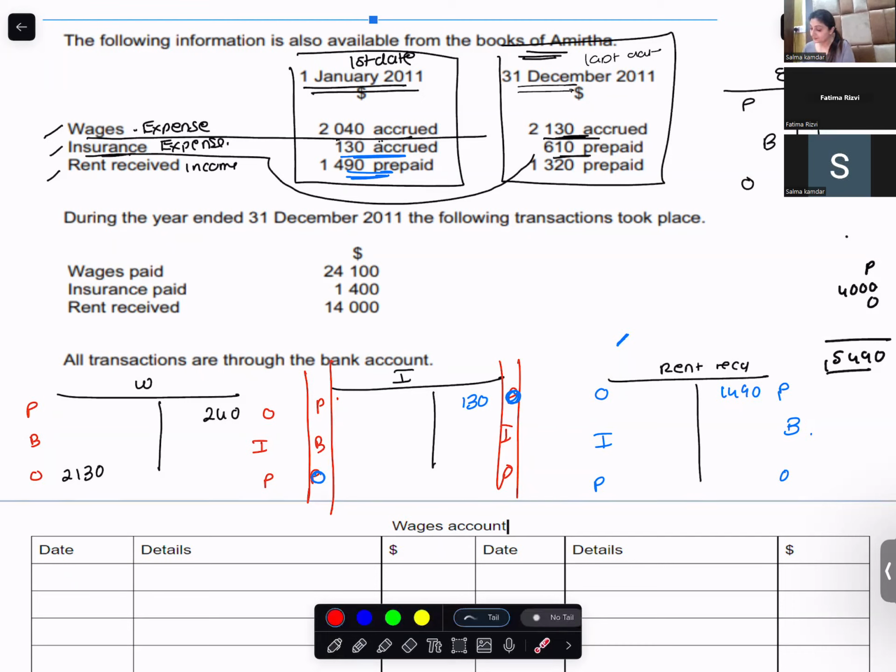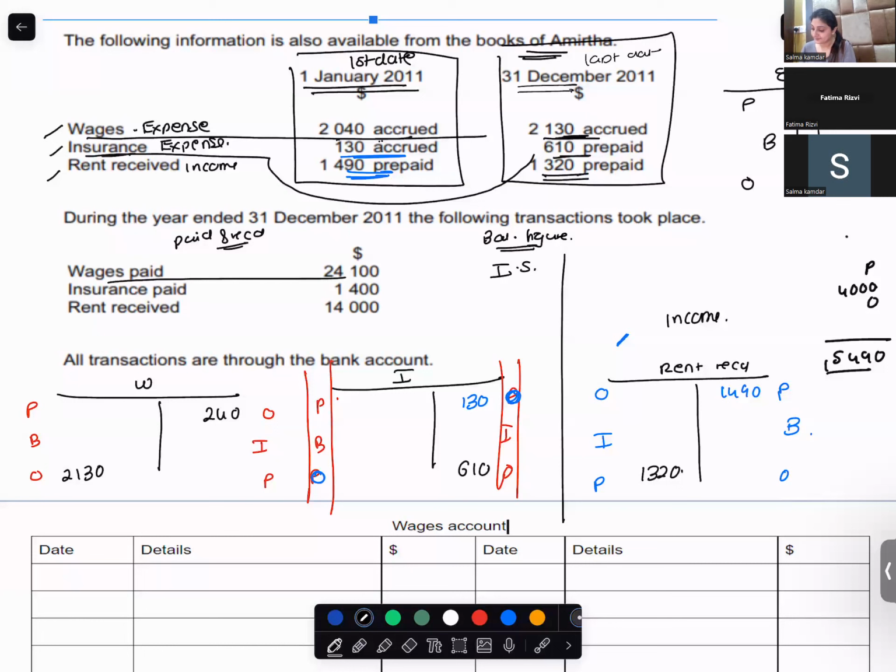Now this is paid and received, right? Can you tell me what will be your balancing figure for all of them? Income statement. Come on, wages paid, which side? Keep POPO B. Wages paid, which side?